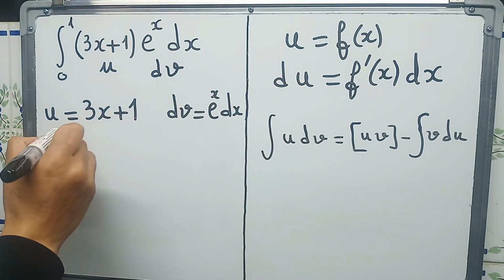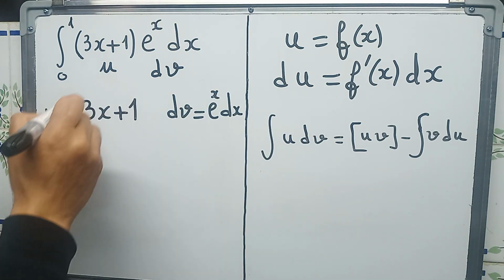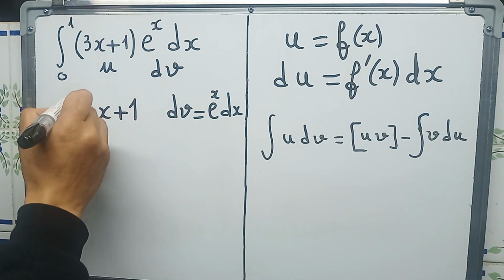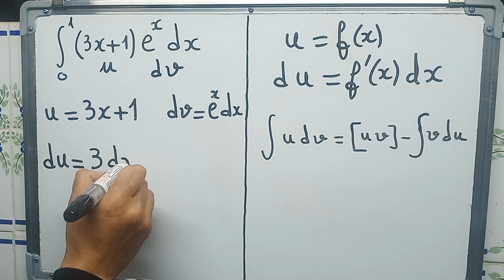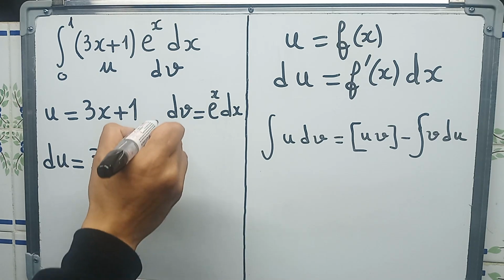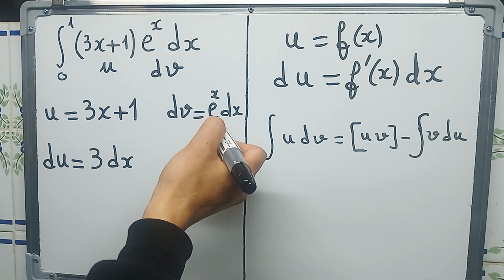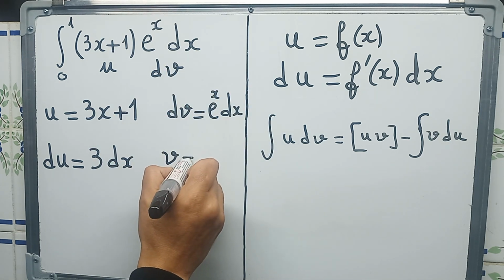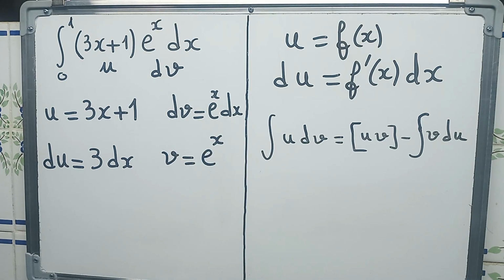So here we apply this. If f is 3x plus 1, f prime of x is just 3, so du is 3 dx. And here we have dv is exponential x dx, and we already know the antiderivative of exponential x. v is just exponential x.